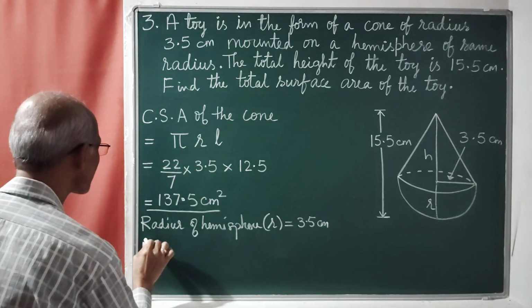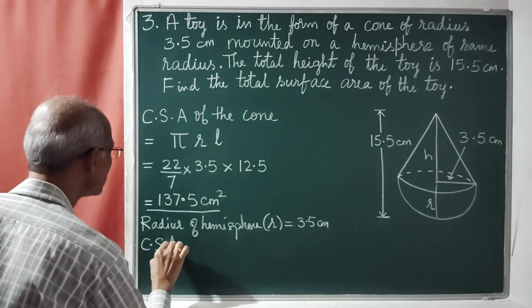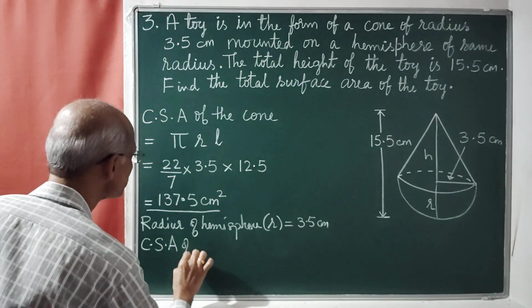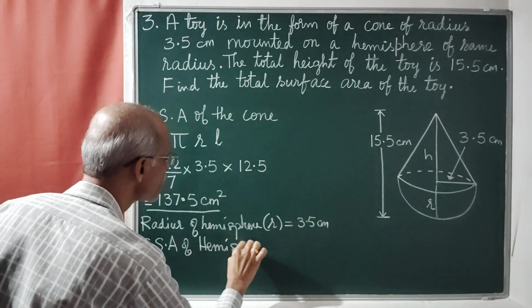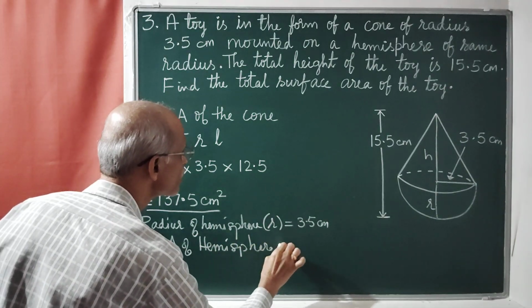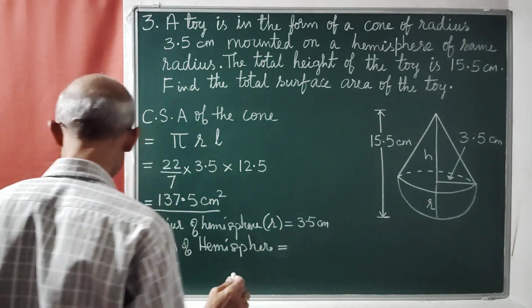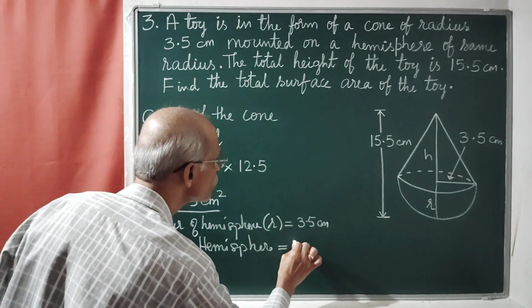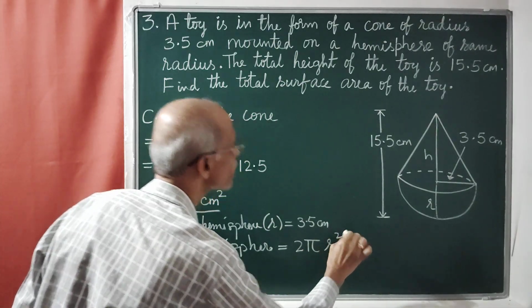CSA of hemisphere is equal to 2 pi r square.